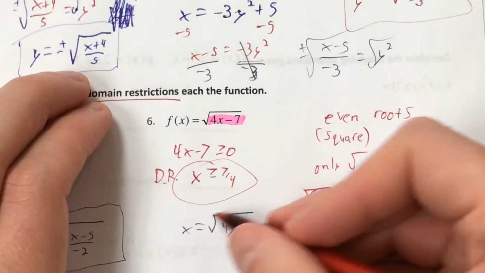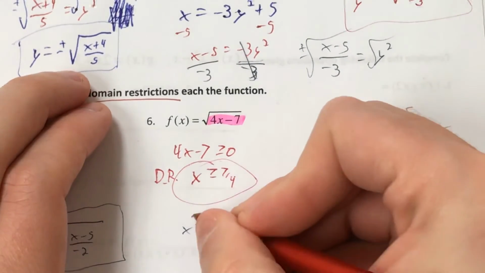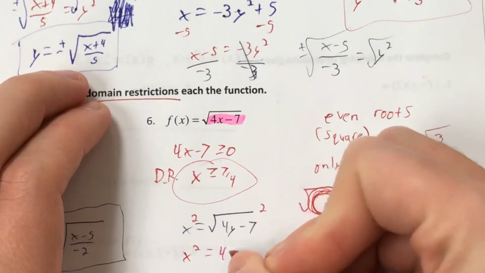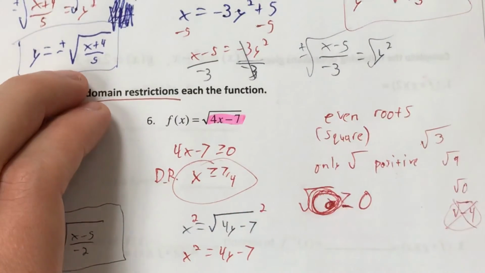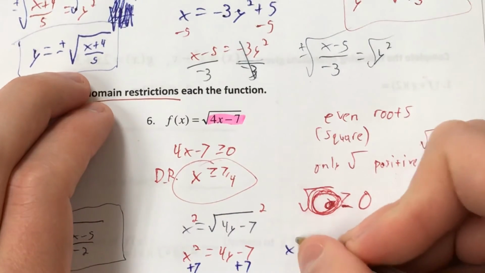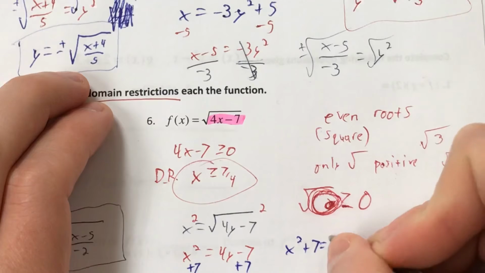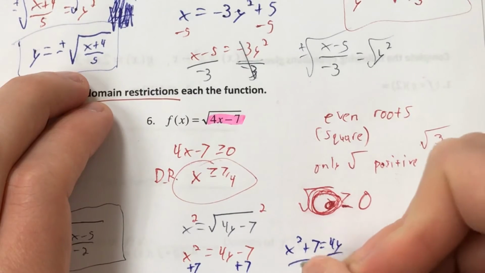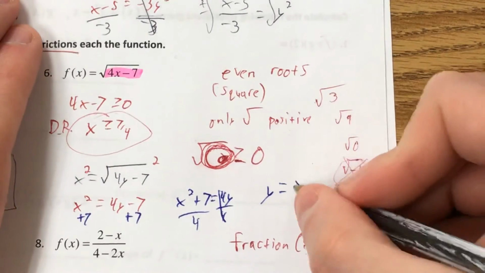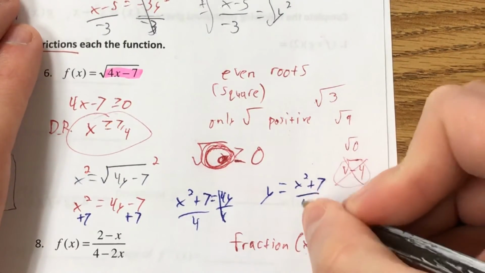The opposite of a square root is to square, so you square both sides and you get x squared equals 4y minus 7. Add 7, and you get x squared plus 7 equals 4y, and you can divide by 4 to get the answer: y equals x squared plus 7 over 4.